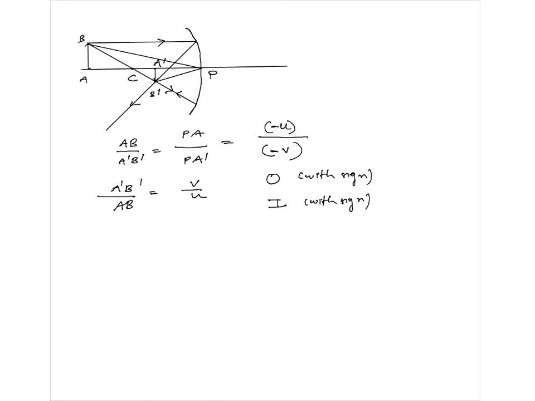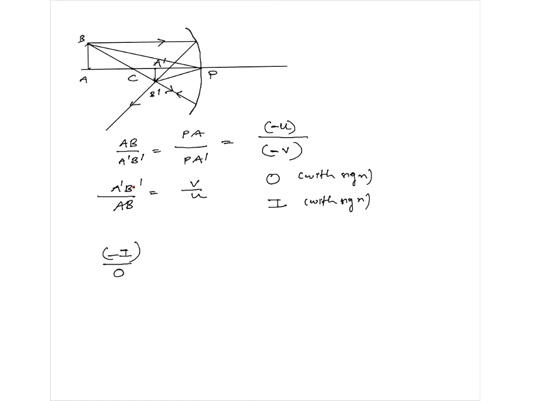For this particular situation, the object is up, so O is a positive number. AB is positive. These are all geometrical lengths. So in place of AB, I can just write O. But A dash B dash is a geometrical length, while I is, in this drawing, negative. So I must put minus I for A dash B dash.